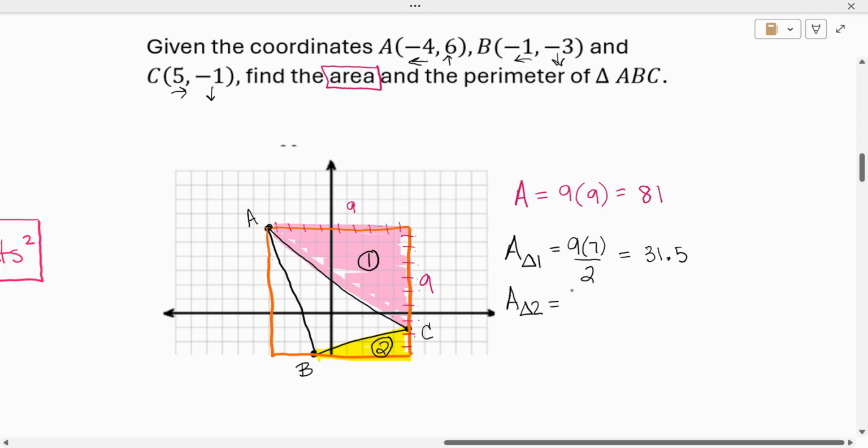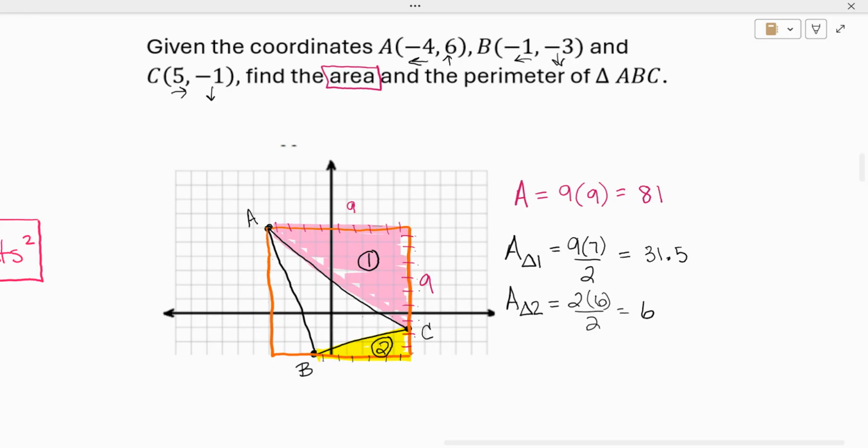It's 2 units tall by 1, 2, 3, 4, 5, 6 units wide divided by 2. What is 2 times 6 divided by 2? 6 times 2 equals 12 divided by 2 equals 6.